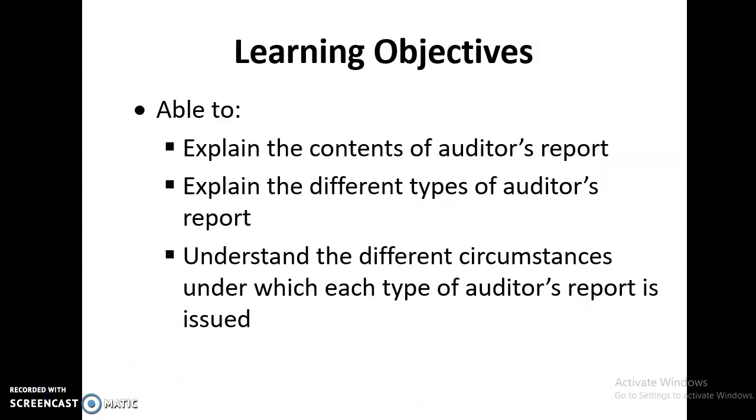So our learning objective would be to be able to explain the contents of the auditor's report and able to differentiate the different type of auditor's report, as well as understand the different circumstances under which each type of auditor's report is being issued.